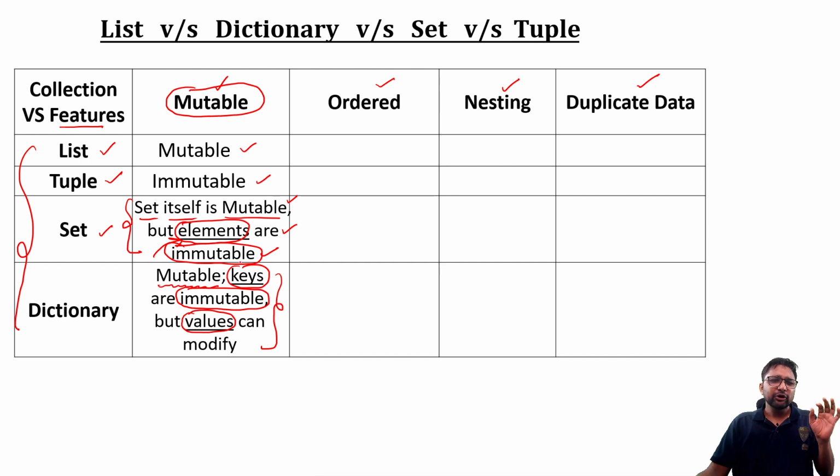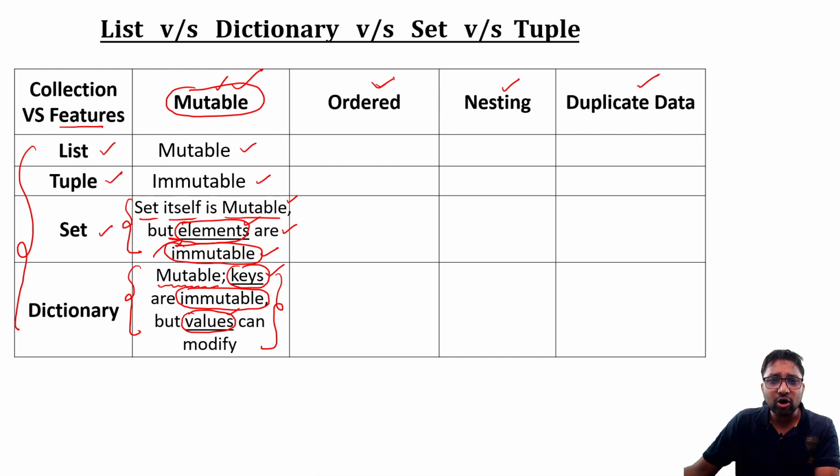So simply due to hashing, which works behind both of these data structures, set and dictionary, they do not allow us to modify the elements, or in the dictionary case the keys, although dictionary allows us to modify the values. So this is about mutability, which data structure is mutable and which is immutable.